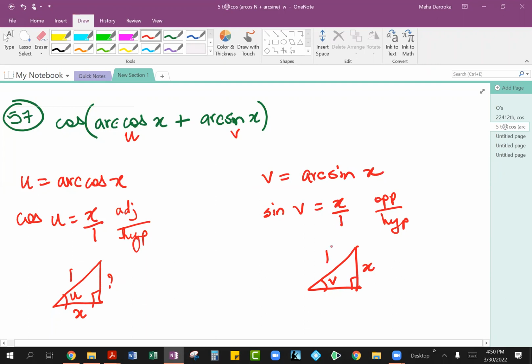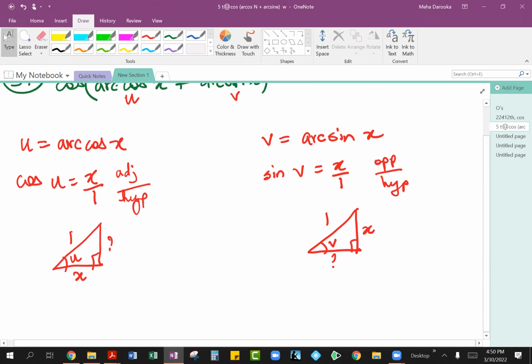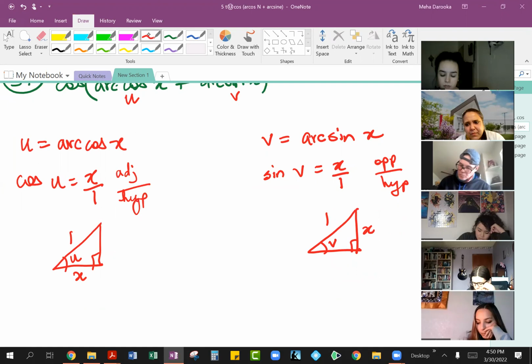So that's opposite over hypotenuse. And we'll need to find this missing side here. So what do you think those numbers will come out to be? For each of those triangles, what will our missing side look like?